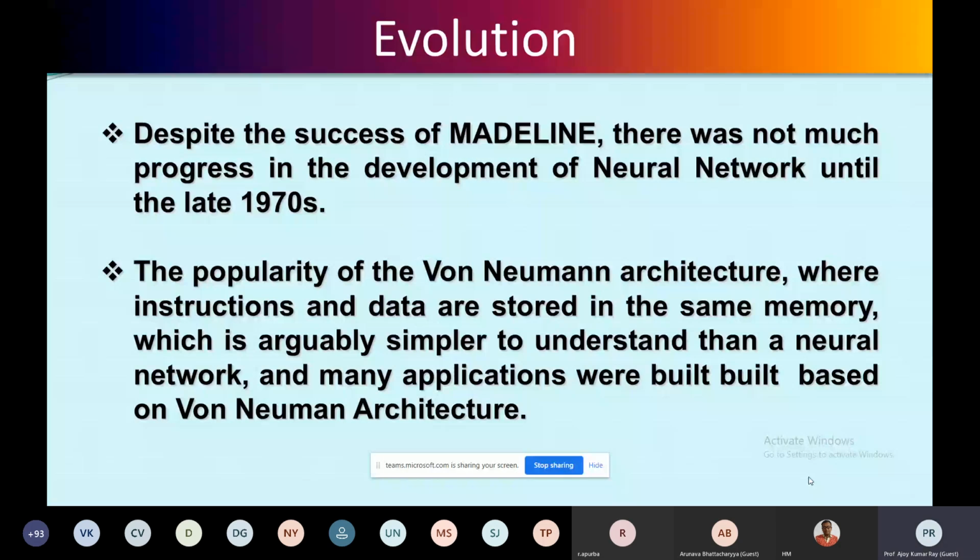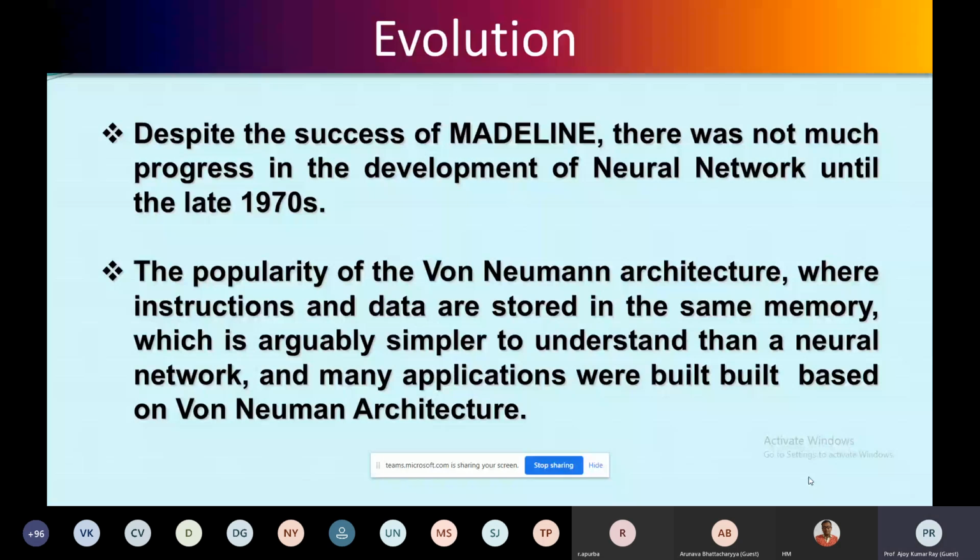I talked about von Neumann architecture because von Neumann is the father of the computer, of stored program computing. It's not that he only talked about computer architecture. Many people thought that he has given just the stored program, today's computer model. But it's not that. Von Neumann gave so many concepts for the first time.